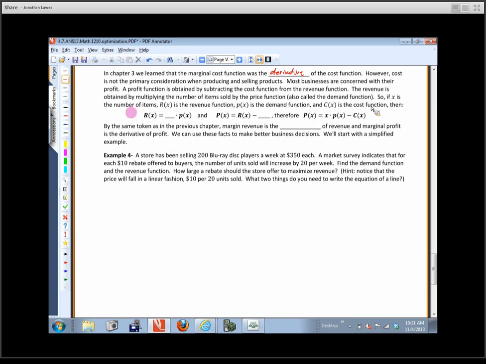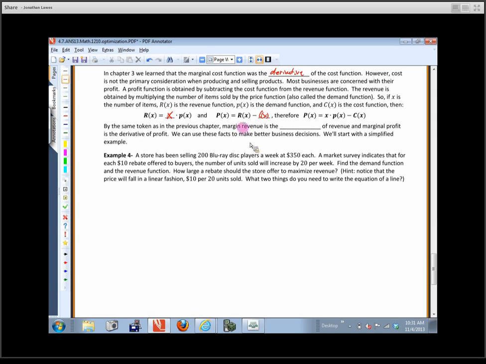That means if we were going to figure out how much money is generated when we sell X number of items, you take the number of items and multiply it by the price. How many did you sell, and how much did you sell them for? Just those two things will produce the revenue. Then the profit, notice this is a capital P, is going to be the revenue minus the cost.